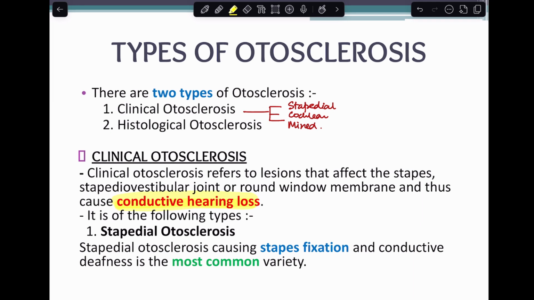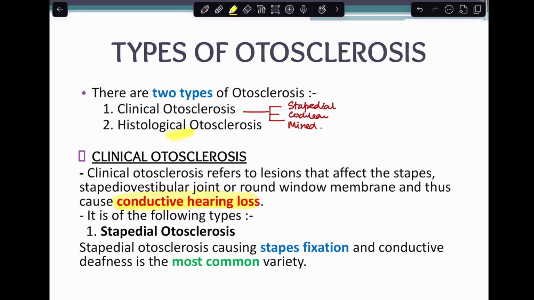Whereas in histological otosclerosis, you will not be seeing any clinical signs and symptoms, but when you examine the area involved, you will histologically see some lesions over there, but the patients will be asymptomatic.